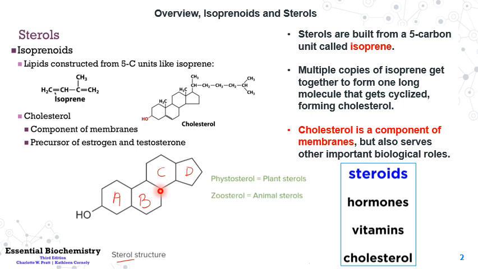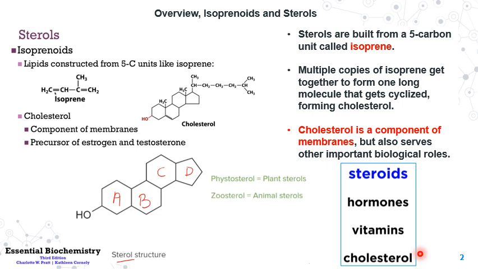Okay? So here, looking again at this basic sterol structure, you can have not only cholesterol, but you have other types of molecules like phytosterols, and these are mainly occurring in plants. Zoosterols are animal sterols, so cholesterol would also fall into this animal sterols subgroup. So cholesterol is a very, very important component of membranes.